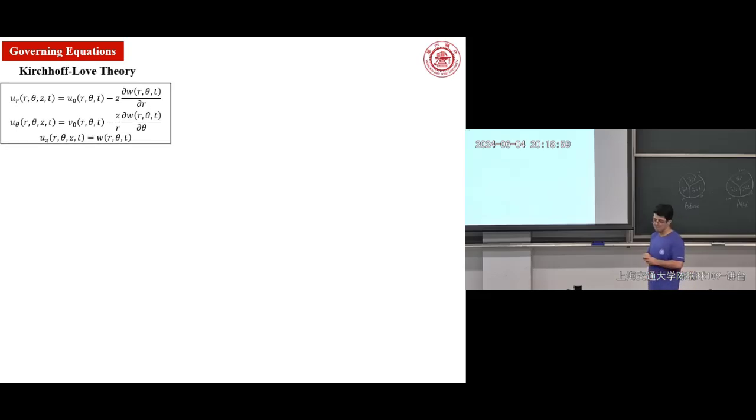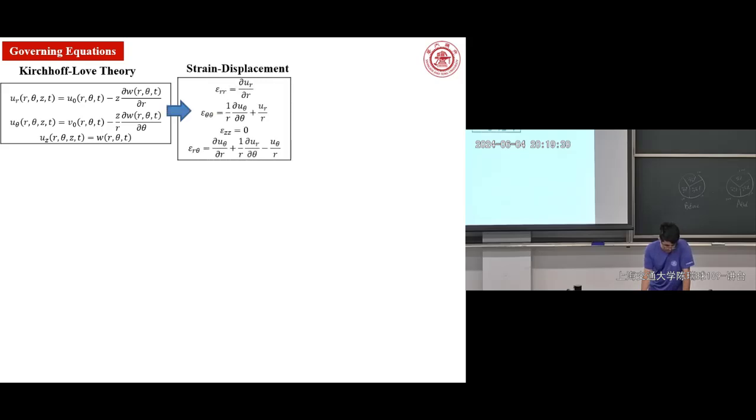So now I would like to talk about constitutive equations, especially about the structural displacements and vibrational behaviors firstly. So I'm talking about finite element methods firstly. Based on Kirchhoff's theory, we are deriving displacements in three directions firstly.